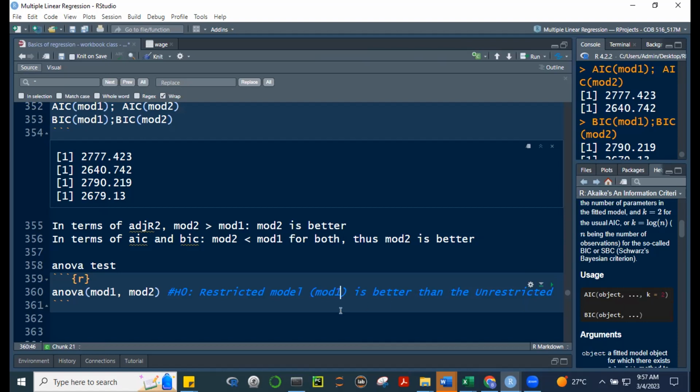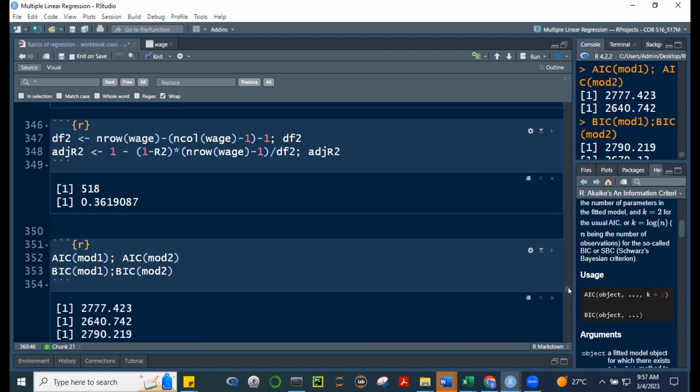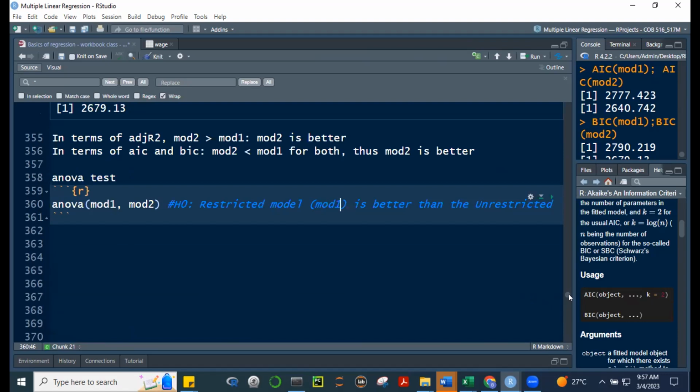That's always the null hypothesis here. Of course, you can only use this if you have the same dependent variable. For example, you cannot compare hourly wage as the dependent variable and log hourly wage as the dependent variable. That cannot be.